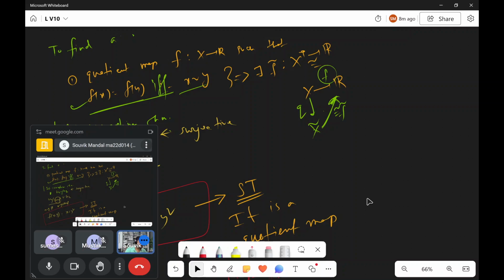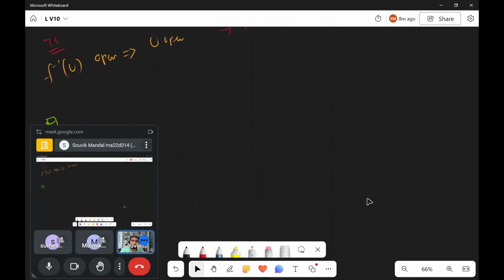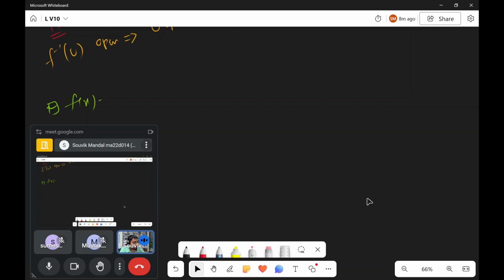The second point is that f is surjective. This is also getting satisfied. The third point is that f is continuous. That is also getting satisfied.